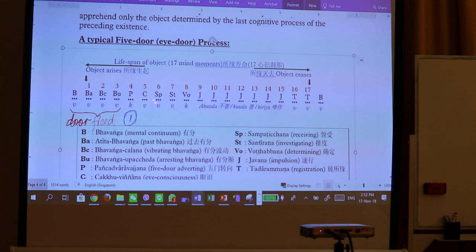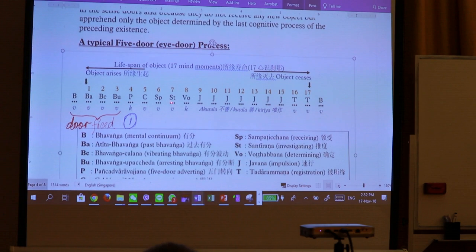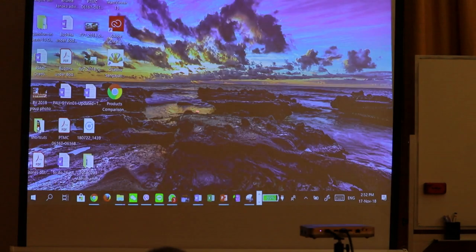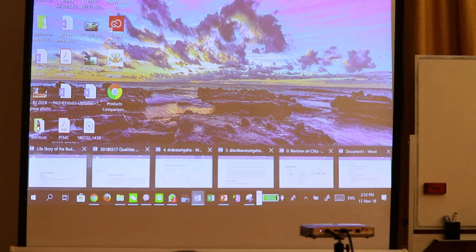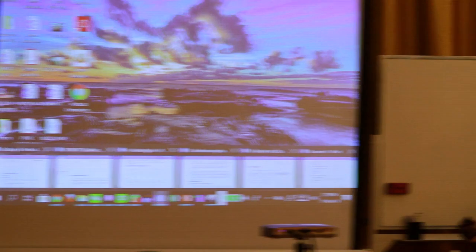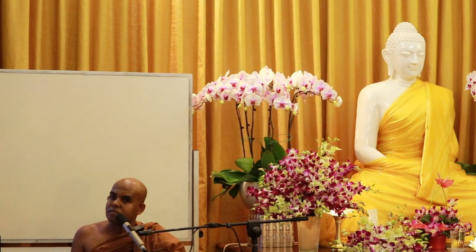After that arises the receiving mind. This one does not include any door, because it is from the beginning of our life. One of the 19 here.